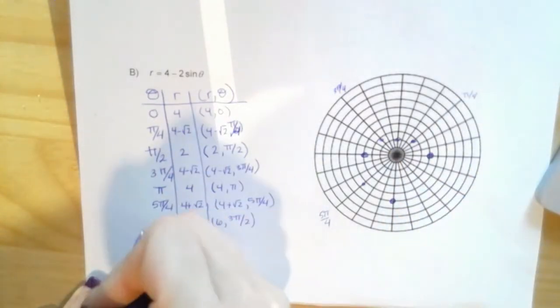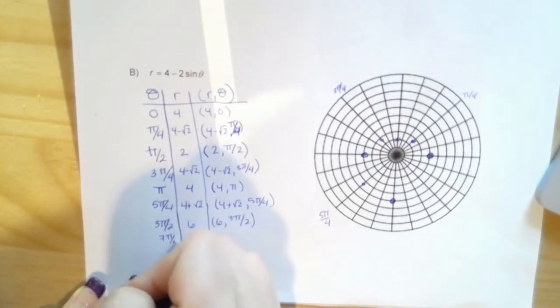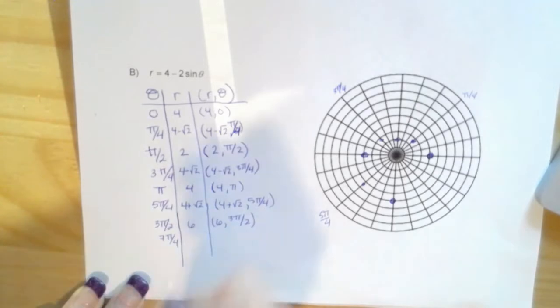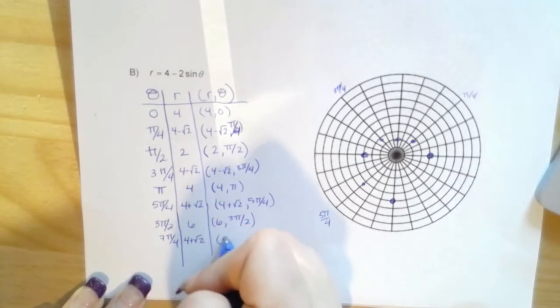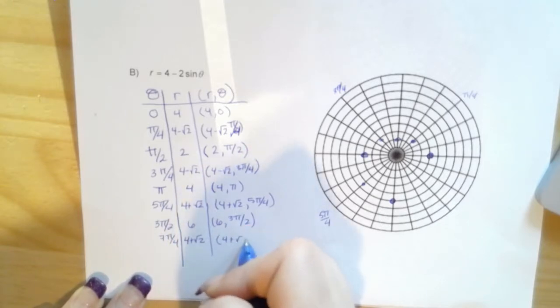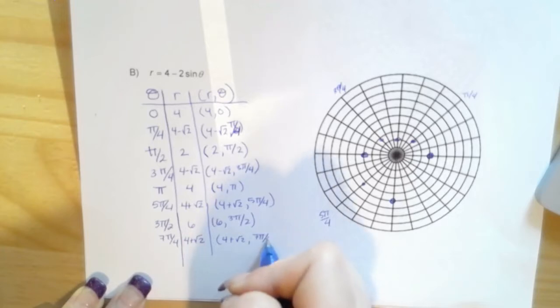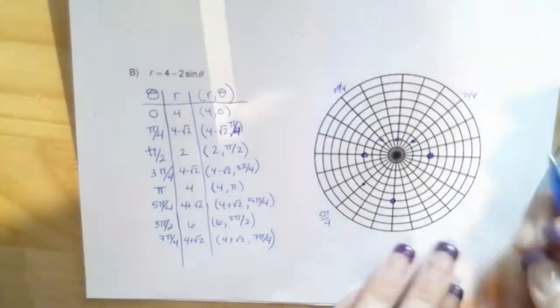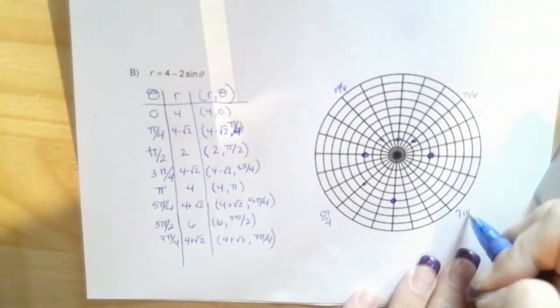And then next one would be 7 pi over 4. And when I plug that in, we find again we get this 4 plus square root of 2. Okay, so let's see. This is 7 pi over 4 right here.